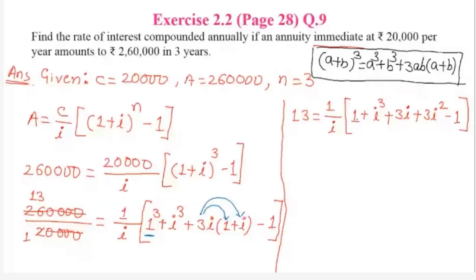Now, in the square bracket, there is positive 1 and there is negative 1. Plus 1 and minus 1 get cancelled. Clear, Dhruv?